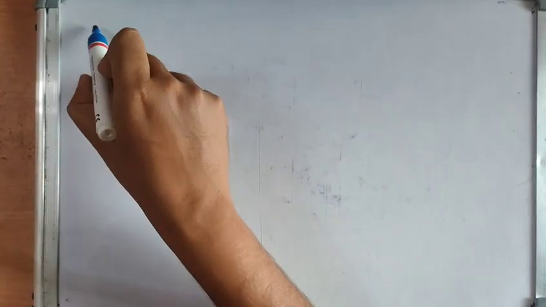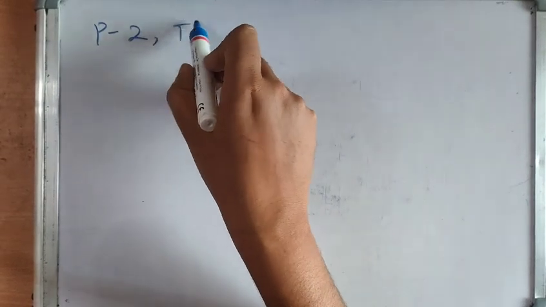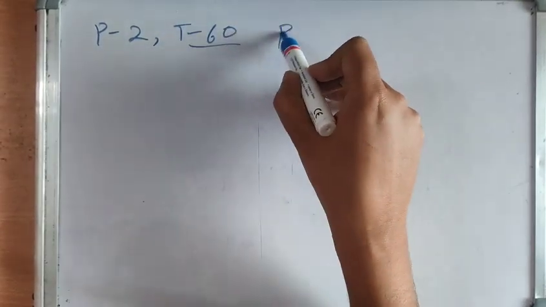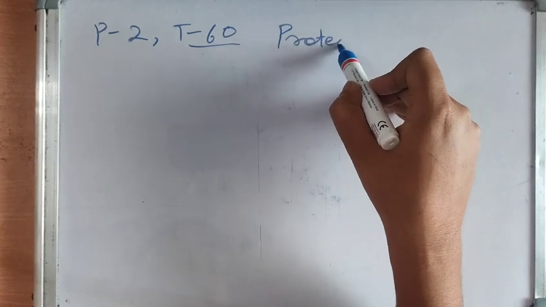So today we are going to do topic 60 of paper 2. Paper 2 topic 60, and here we are going to discuss protective cultivation.